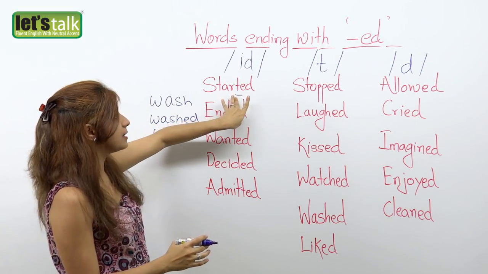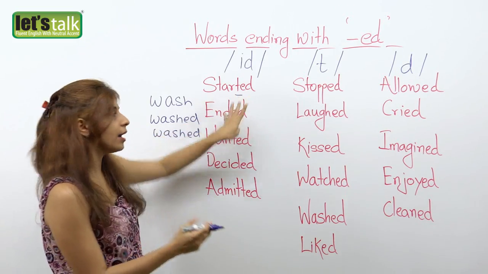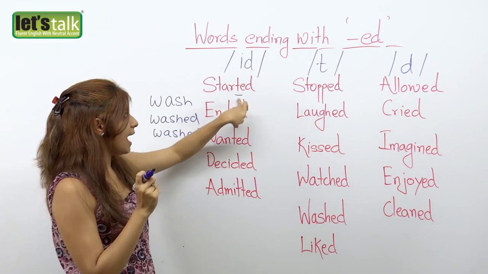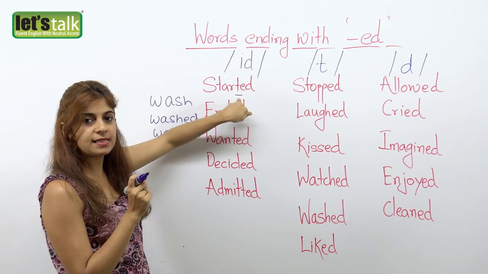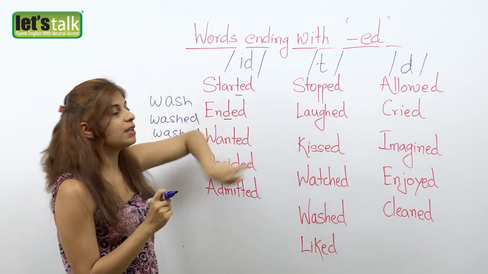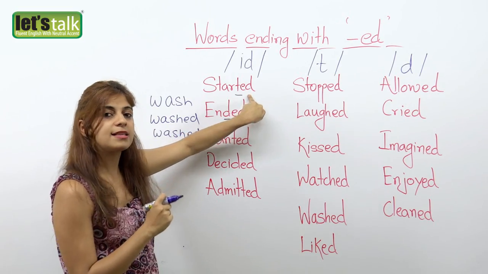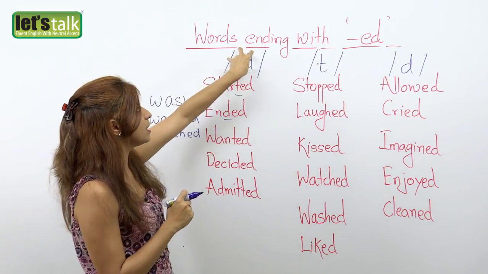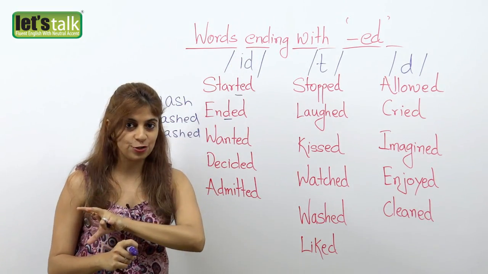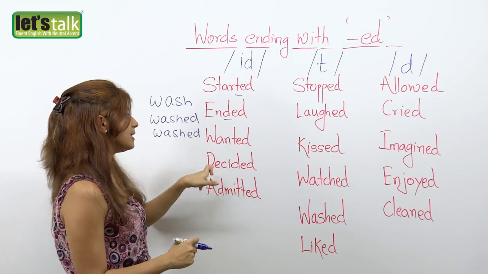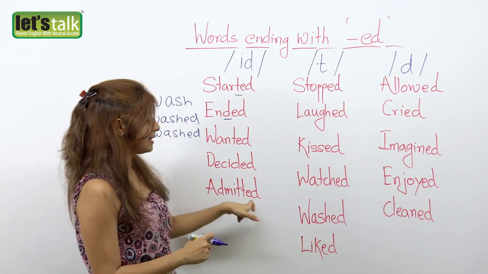Now the verb start ends with t, right? So the ending sound is the t sound, and therefore if you add the ed to it, it should be pronounced as started. So this would be the correct pronunciation. So started, ended, wanted, decided, admitted.